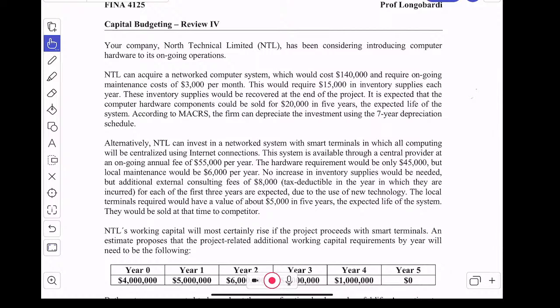Okay, so I sent you those documents. And that's what we're going to work on today and tomorrow.